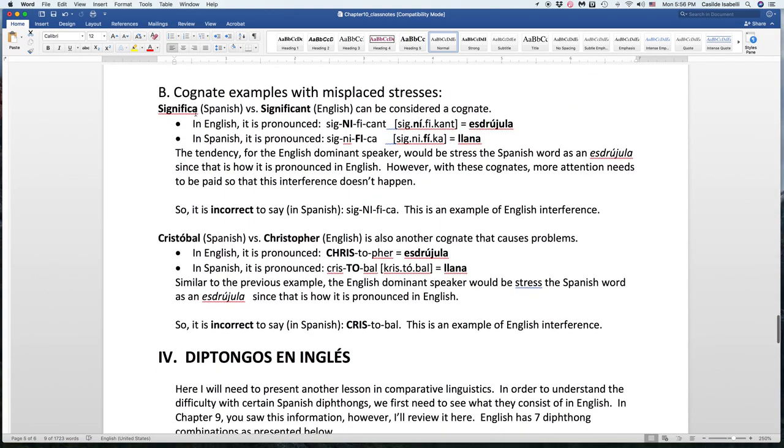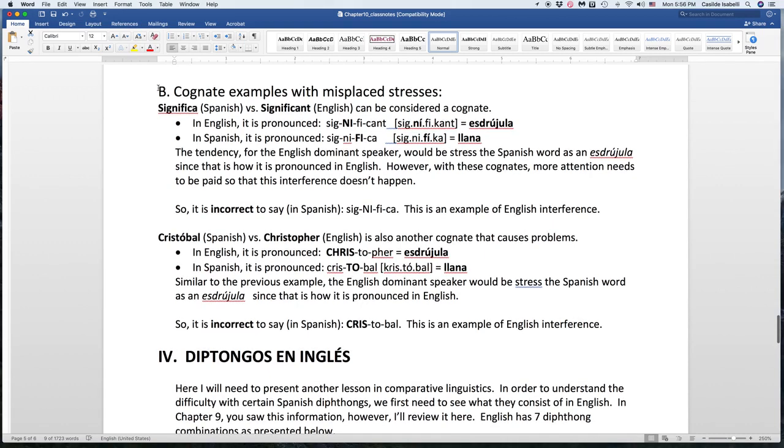Another one that we have here is cognates with the misplaced stress. In English, we like to say significant, where it's an esdrújula in English, but in Spanish, if you've noticed on your grabación, many of you got it incorrect, it's significa, it's llana.